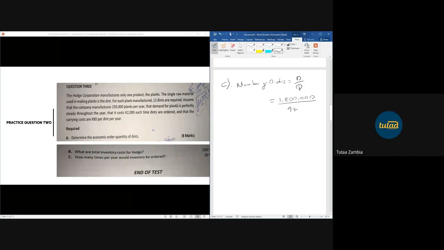When we divide the two, we get 189.7, which we can round off to 190 orders. And we are done. We have answered the entire question.